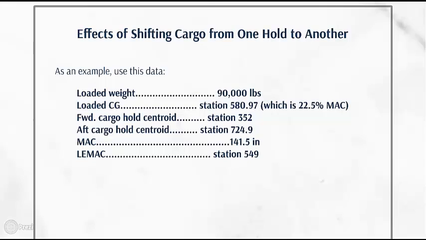Loaded CG is in station 580.97, which is 22.5% MAC. Forward cargo hold centroid is in station 352. Aft cargo hold centroid is in station 724.9. MAC is 141.5 inches. LEMAC is in station 549.